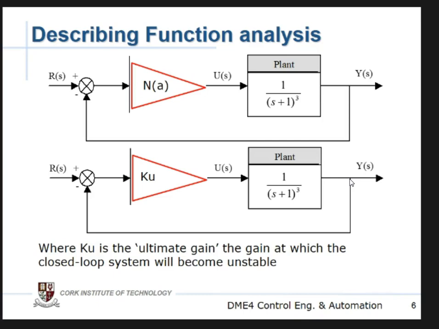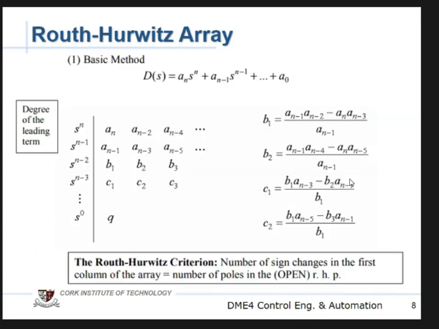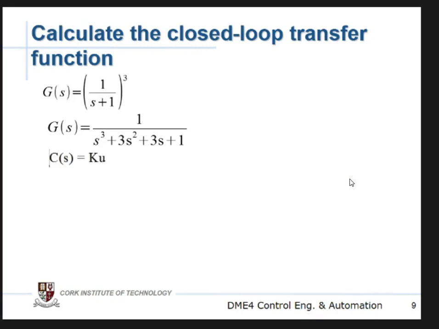I don't know what the value of that is at the moment. The objective is to find that value. I don't know whether it's 4 or 10 or 20 or what number makes the closed loop system unstable, so we're just labeling it Ku at the minute. My controller is Ku. My closed loop transfer function is given by C times G over 1 plus C times G.